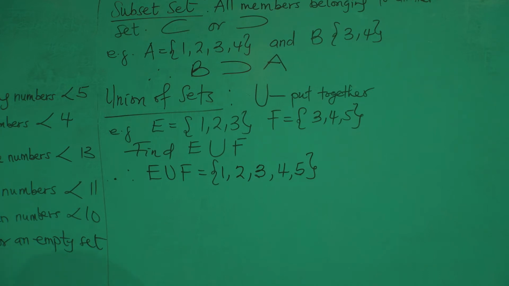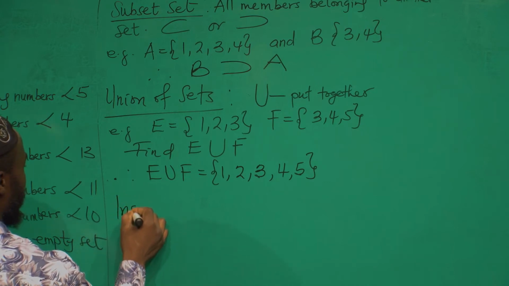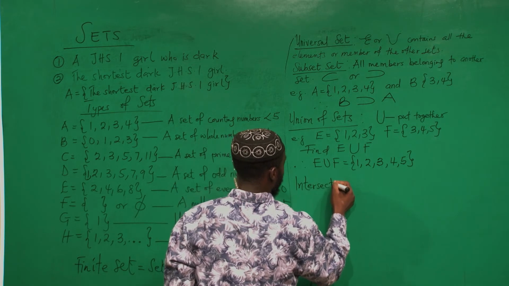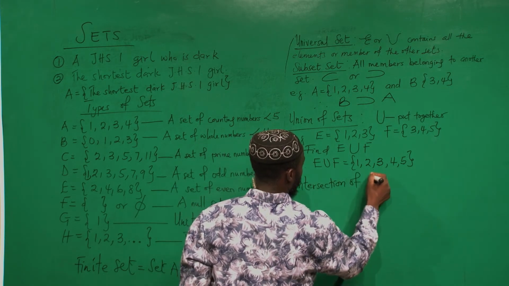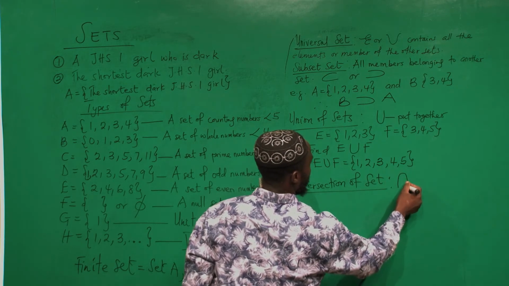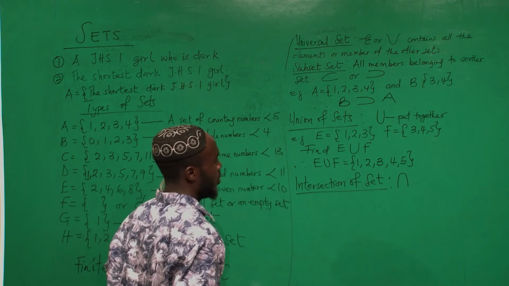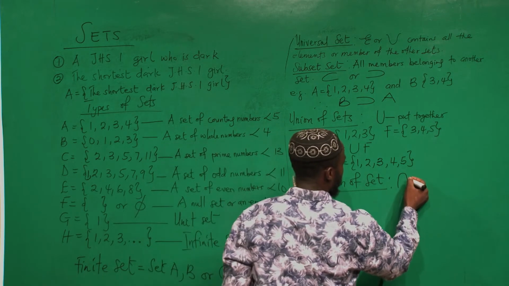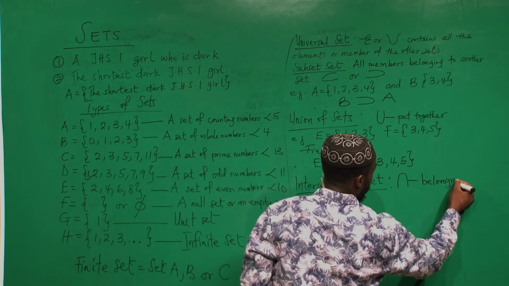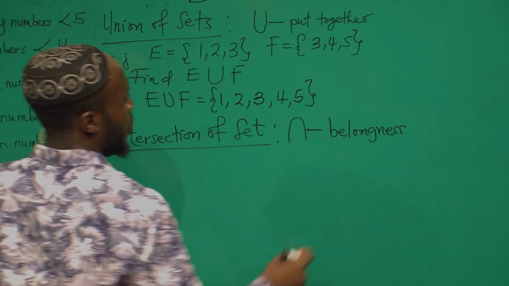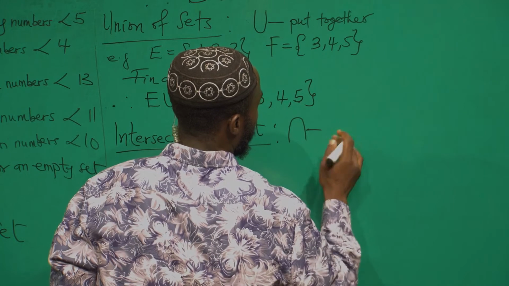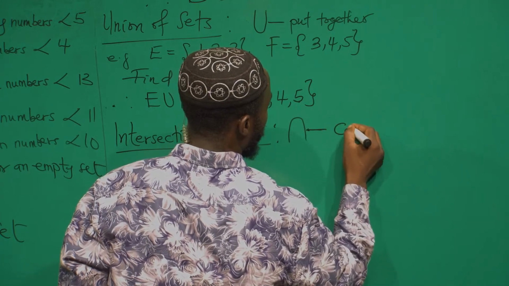We should also know the intersection of sets. This is denoted by this, and this means, let's use belongingness, or let's use common.